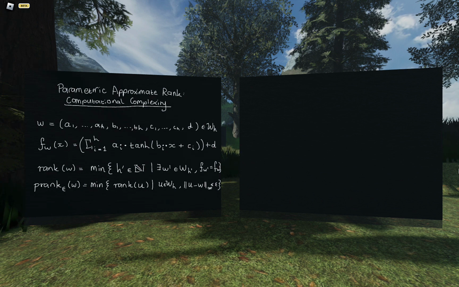So that's the brief review of these definitions. And next I'm going to define what it means to be NP complete, define the problem of computing the parametric approximate rank, and then state the theorem that I want to prove, which is that computing the parametric approximate rank is NP complete. Are there any questions so far while I get started writing up these definitions?